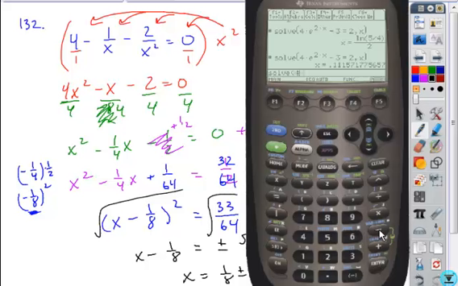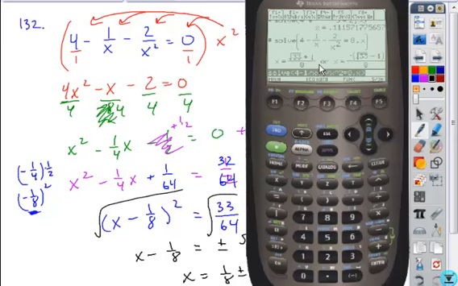So 4 minus 1 divided by x minus 2 divided by x squared. Going to set that whole thing equal to 0, comma x tells the calculator I want it to solve for those. And when I hit enter, it confirms that I have 1 plus 33 over 8.